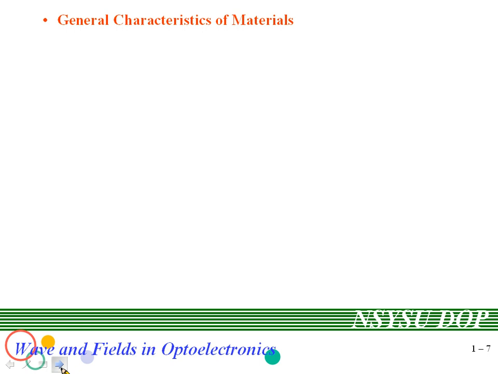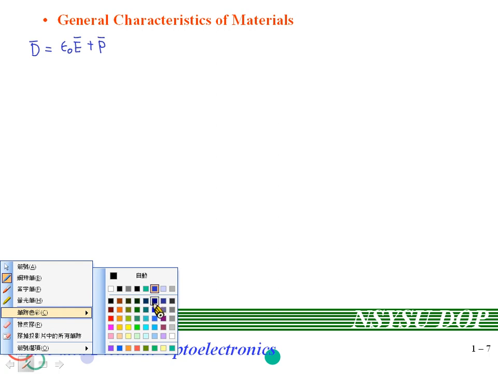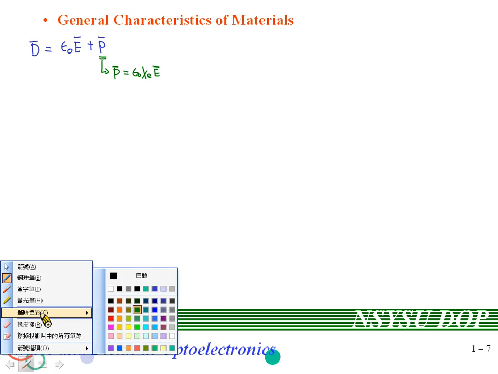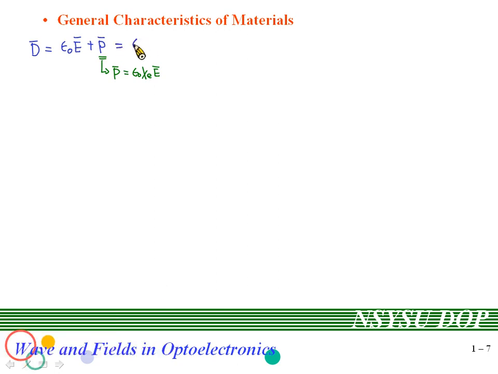In the previous slide, we have learned that the D field can be written in terms of E and P, like epsilon 0 E plus P. Besides, P should be proportional to E. So we put this expression into the equation and we can rewrite it as epsilon 0 times 1 plus chi E times E. And this term can be written as epsilon R, or we can combine these two to be just epsilon here.